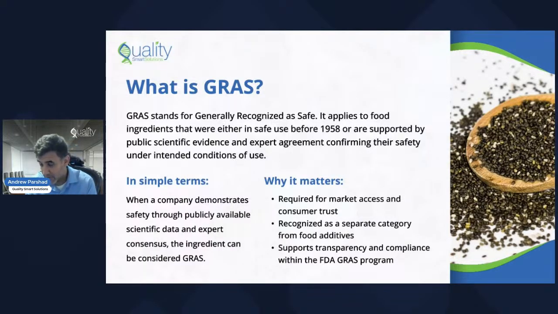In this case, this is something novel, way past 1958, and it now has to go through a GRAS dossier preparation, whether self-affirmation or filing it with FDA as a GRAS notice. So really, in simple terms, it's companies trying to determine safety through publicly available data and expert consensus. That's what will determine if the ingredient can be considered GRAS.